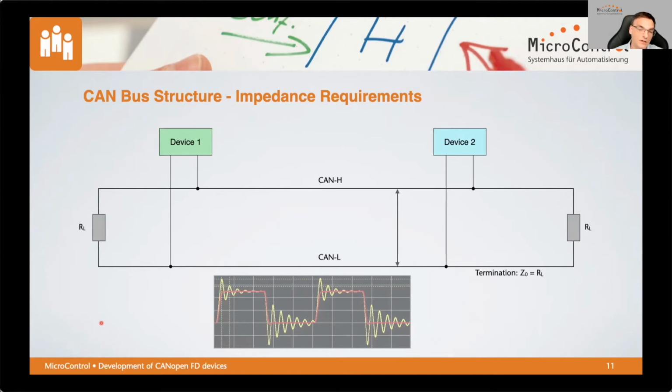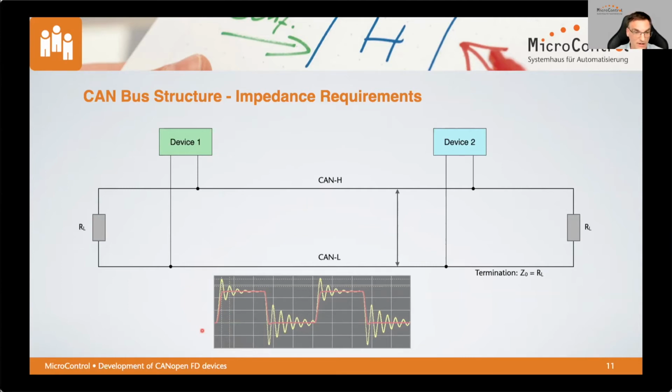But if we take an oscilloscope picture, this drawing here is the ideal drawing of how a CAN system, a CAN network, should be, but we all know it's not. We have a lot of cable stubs there.